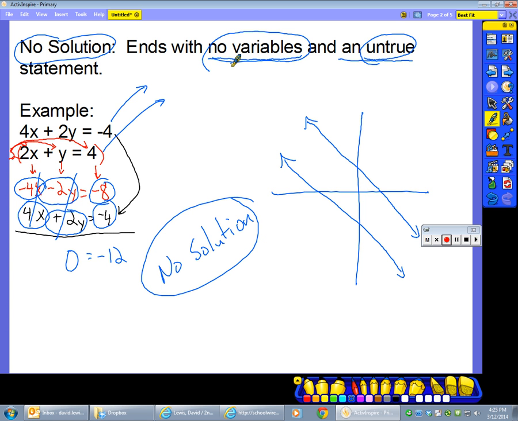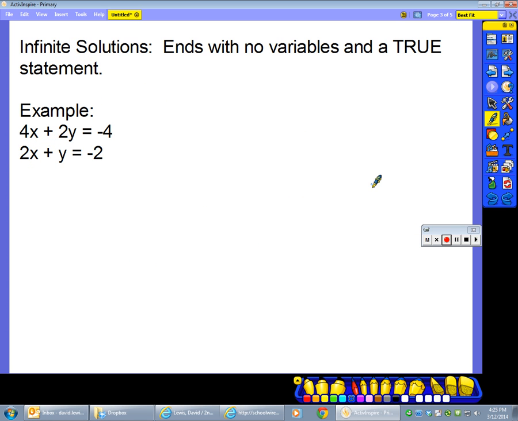Alright, now let's look at the flip side of that. Flip side is infinite solutions. Again, you end with no variables, but you're going to have a true statement at the very end. Let's see what that looks like. I've got a new example problem, and even though it looks the same, it is slightly different. I've changed a little something on here. I want to eliminate my x's, so I'm going to multiply the entire second equation by negative 2.